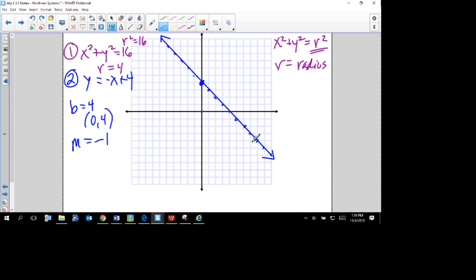And then what's the radius? 4. So from 0, 0, go out 4 vertically and horizontally. The easiest way to draw this circle is what people have so many problems doing. I'm going to lightly make a square up here, and then I'll show you how I draw my circle. I kind of have to stand right in front.